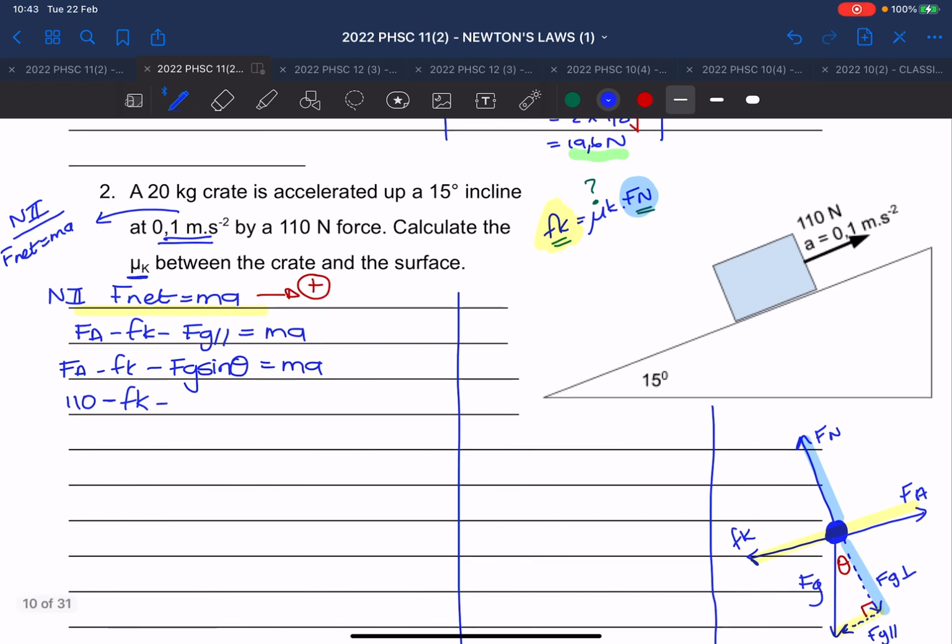So the mass was 20 times 9.8, and then the sin of theta was 15.